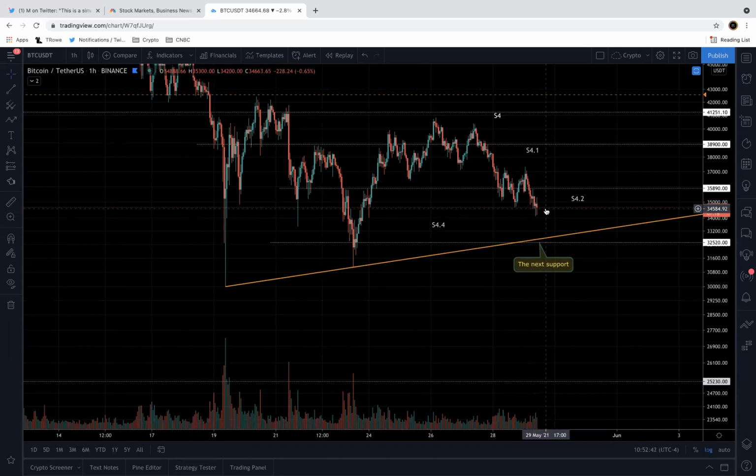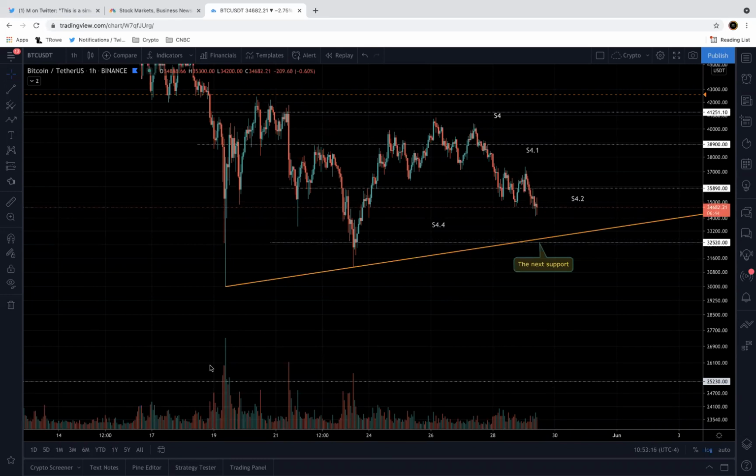Right now the pendulum is at balance. If it comes below this one, then it will weigh more on the downside. If it breaks above S4, then it will weigh more on the upside. That's how I see it. From a price action point of view, right now it has its balance. The structure is not broken. This is a very important point from a pattern and consolidation point of view.